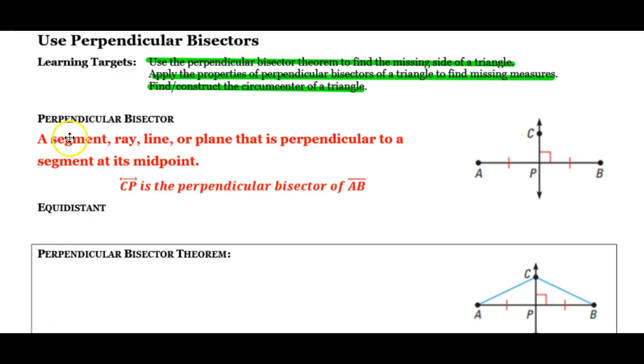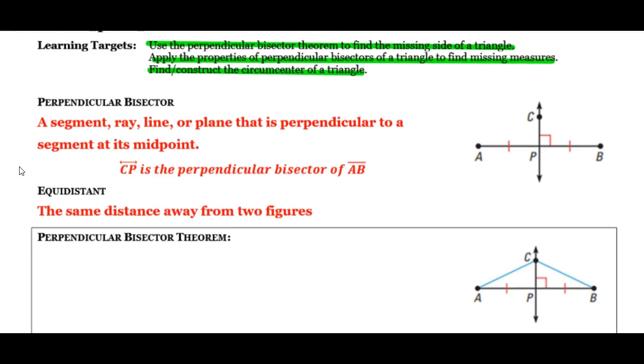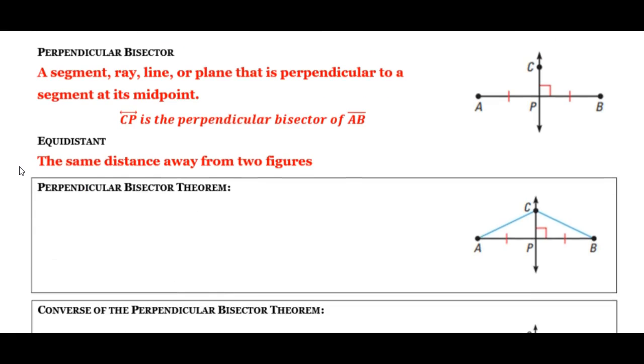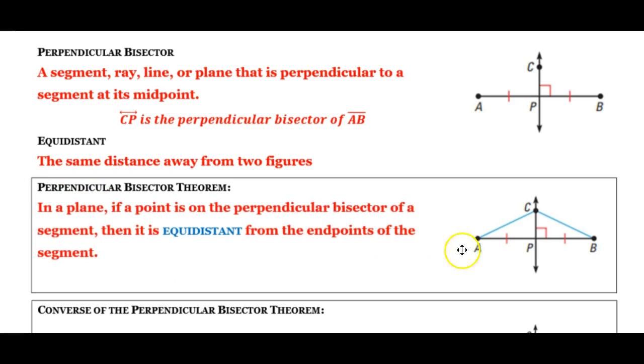Now, the other vocabulary word we need to know is equidistant, and it's exactly like it sounds. It is the same distance away from two figures. All right, so our perpendicular bisector theorem tells us that if we're in a plane, if a point is on the perpendicular bisector of a segment, then it is equidistant from the endpoints of the segment.